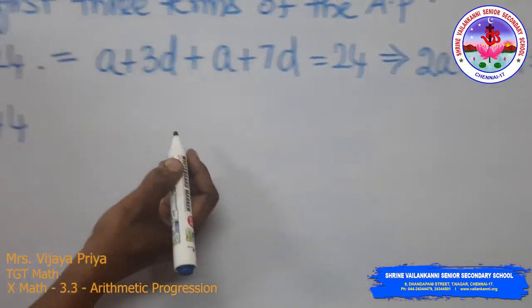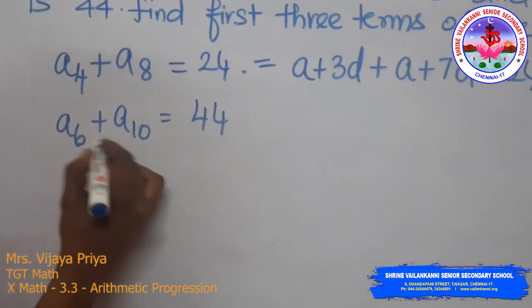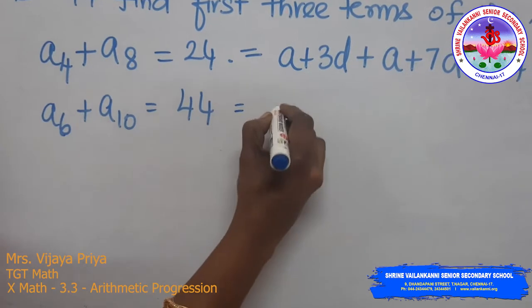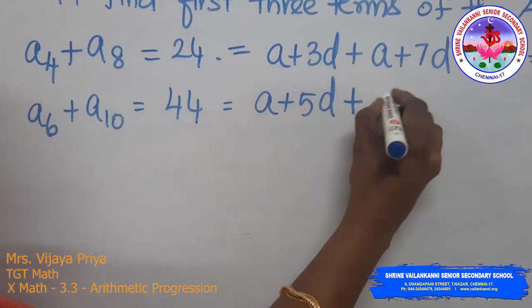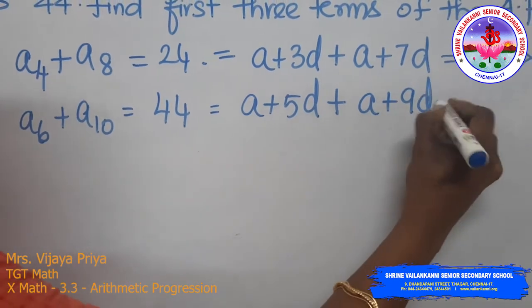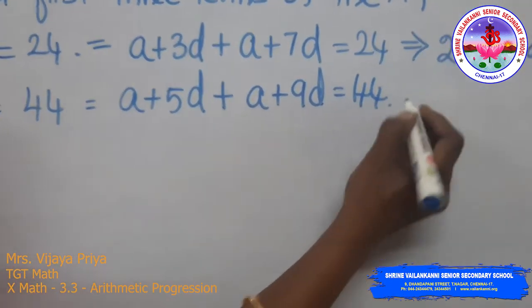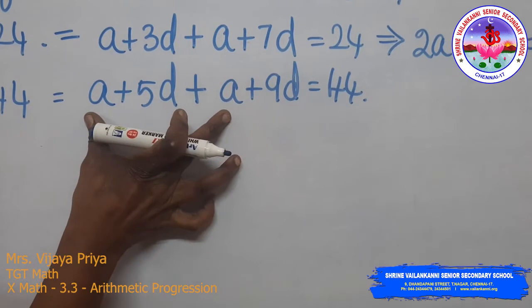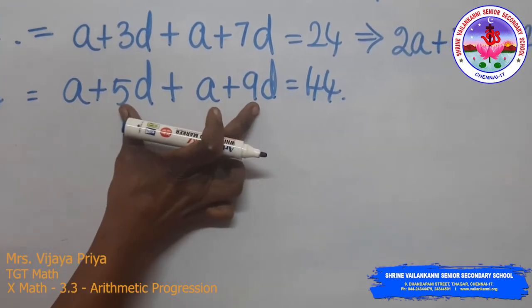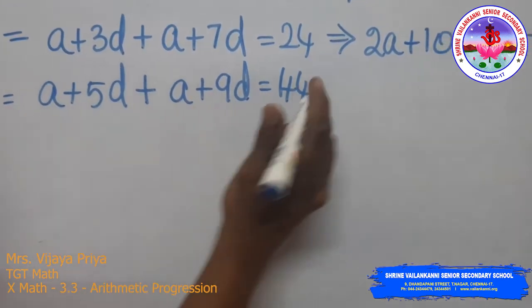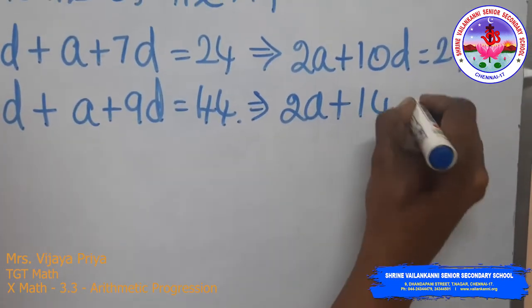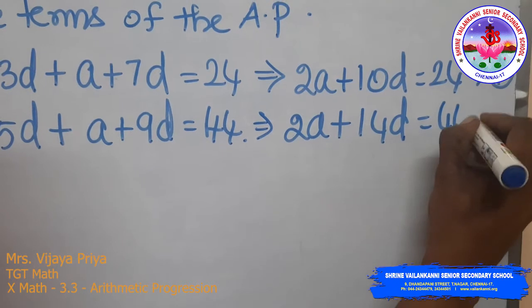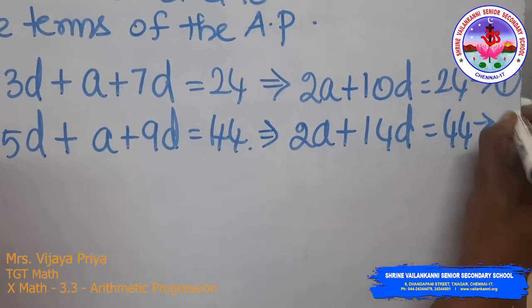Now coming to the second case, A6 becomes A plus 5D plus A10 will be A plus 9D, which is equal to 44. Again adding, A plus A becomes 2A, and 5D plus 9D becomes 14D. So we will get 2A plus 14D, which is equal to 44. Call this equation 2.